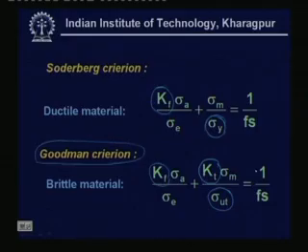However, we have not spoken about the Gerber line; one can utilize it in the same manner. There is no bar in using the Gerber line, but people mostly utilize the Soderberg criteria and the Goodman criteria because of the simple linear relationship, instead of going for calculations through parabolic relationships. So, you can see that the Soderberg criteria for ductile material and the Goodman criteria for brittle material are quite popular in fatigue design.